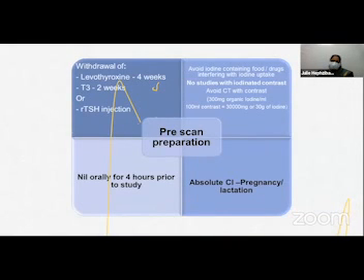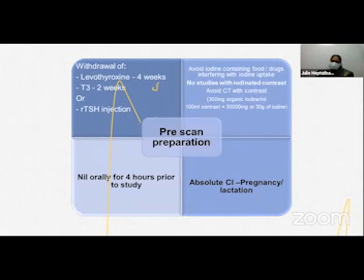So what is the pre-scan preparation? Thyroxine should be stopped for 4 weeks and T3 for 2 weeks. If there is possibility of recombinant TSH injection, they can be given recombinant TSH without stopping these hormones.